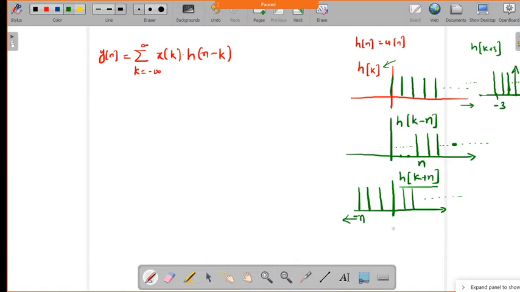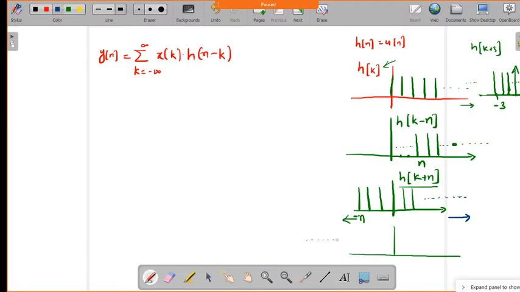If I take this one and reflect it, whatever infinite duration is there, which was going in the forward direction, now if I reflect the signal, it will go in the negative direction.